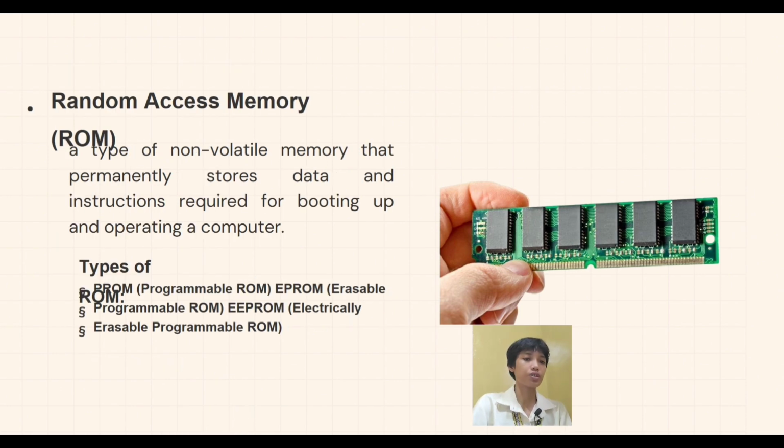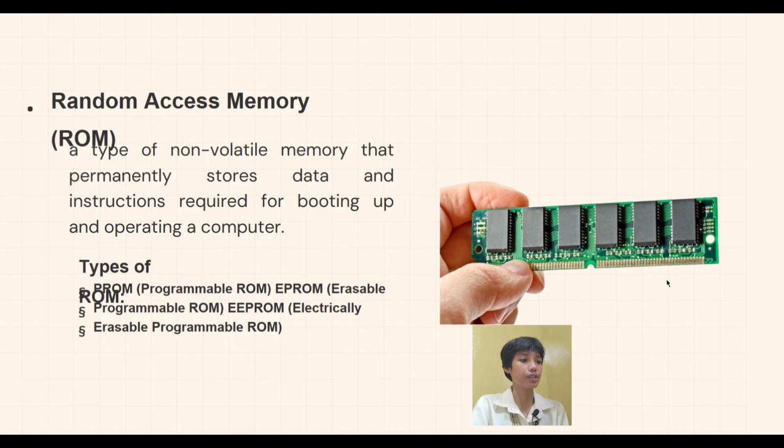Next is the ROM, the read-only memory. Sorry for the mistake. ROM is a type of non-volatile memory that permanently stores data and instructions required for booting up and operating a computer.